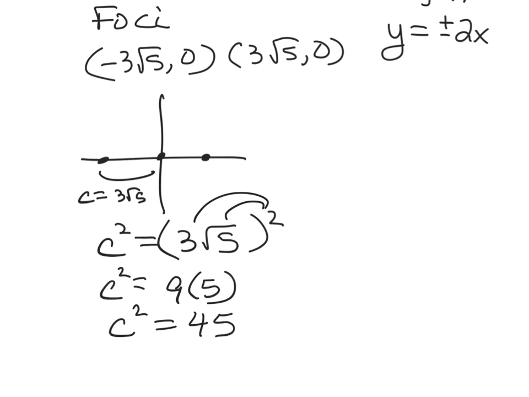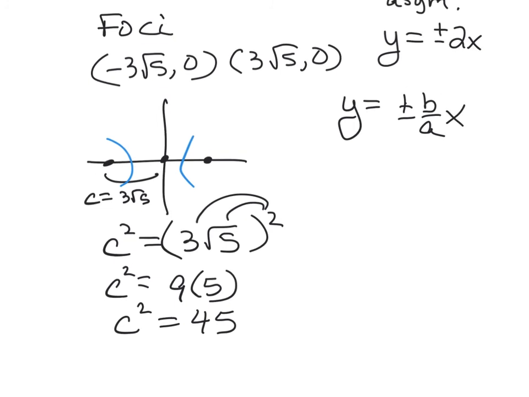When your graph transverses the x-axis, you're memorizing that the asymptote is b over a. So here, what I need to do is fill in so I can set b over a equal to 2 over 1.